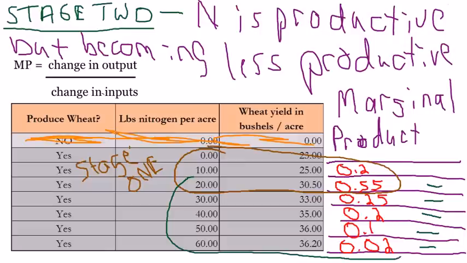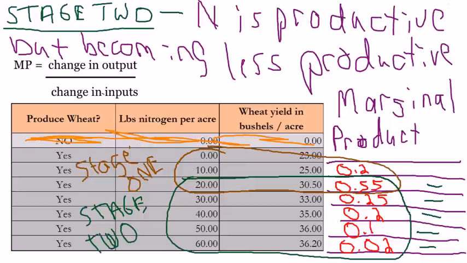Now notice that there is overlap between stage 1 and stage 2. That's because we're only observing nitrogen over regions like 0 to 10, 10 to 20, instead of nitrogen being 1, then 2, then 3, then 4. So over the green region is stage 2.